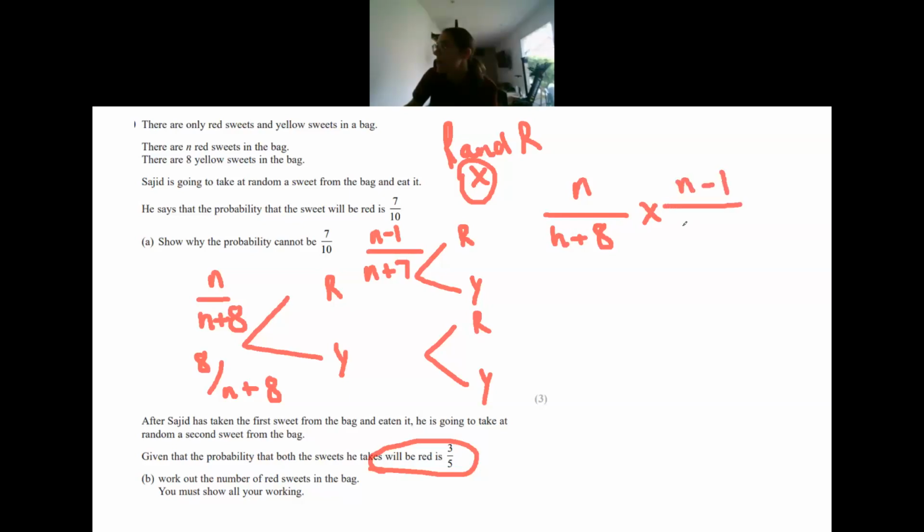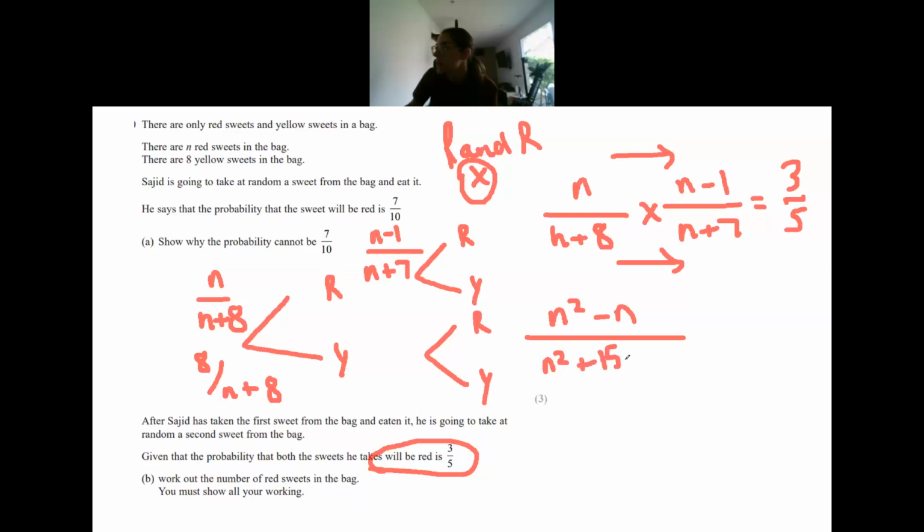Times n minus 1 over n plus 7, and I'm saying that is equal to 3 over 5. Times in fractions, we times straight across, so that's n squared minus n over n squared plus 15n plus 56 equals 3 over 5.